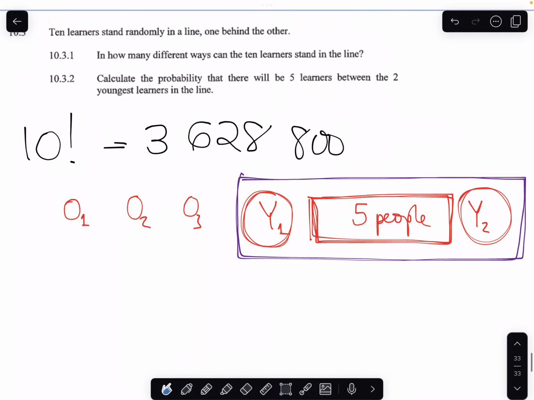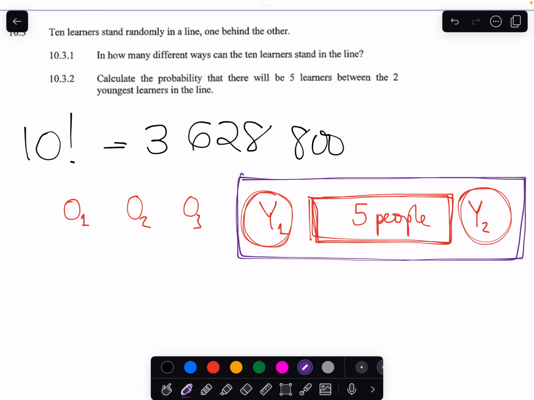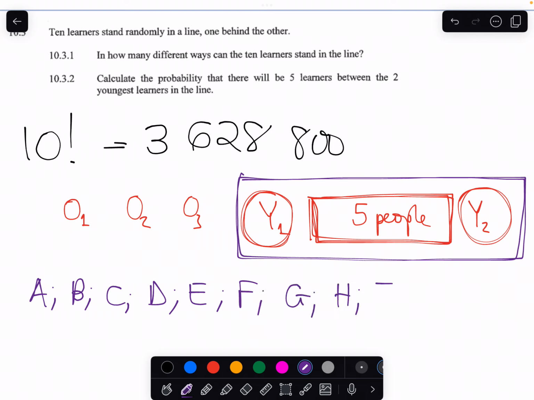Okay, so if we have our class is A, B, C, D, our learners E, F, G, H, I, and J. Those are our 10 learners.